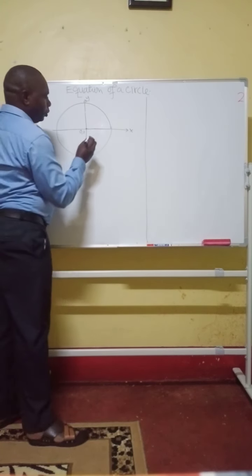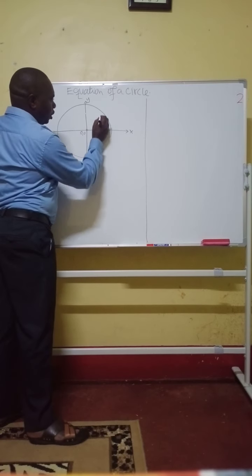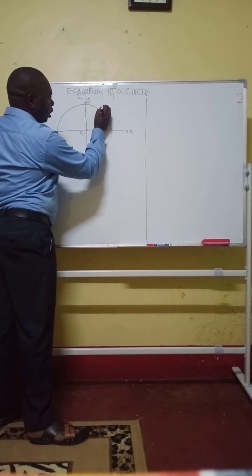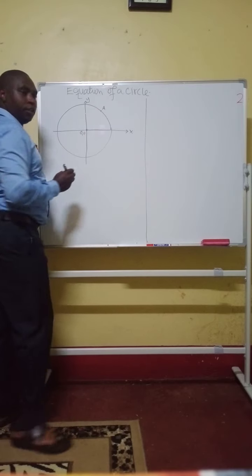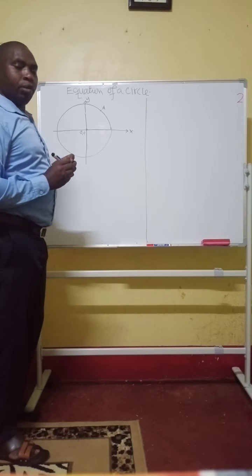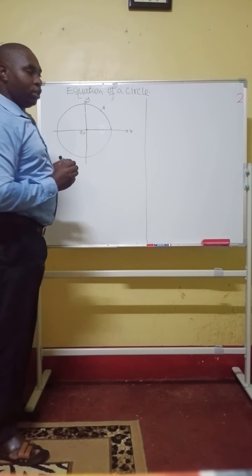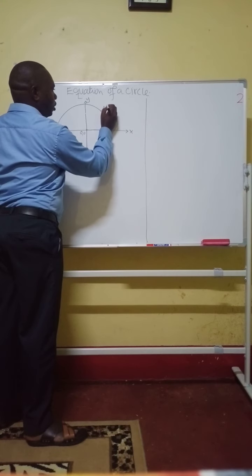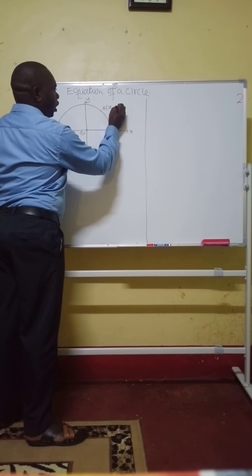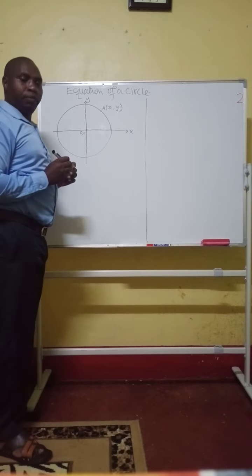Now, I want to determine a point here. Let's call it a point A. This point A can be represented by a coordinate of x values and y values.